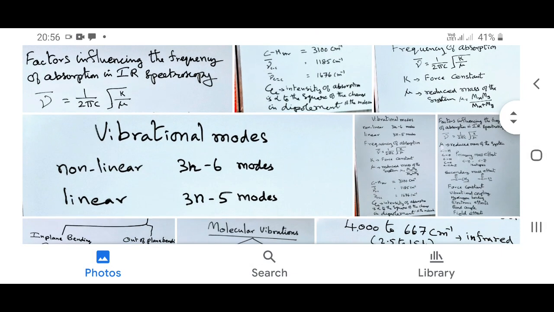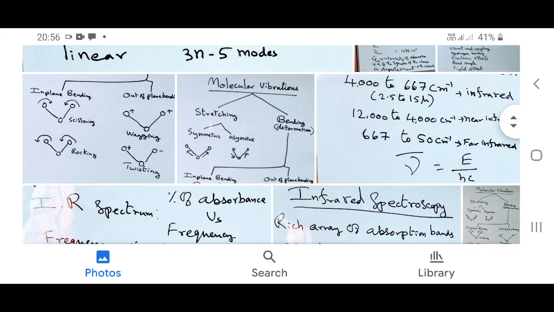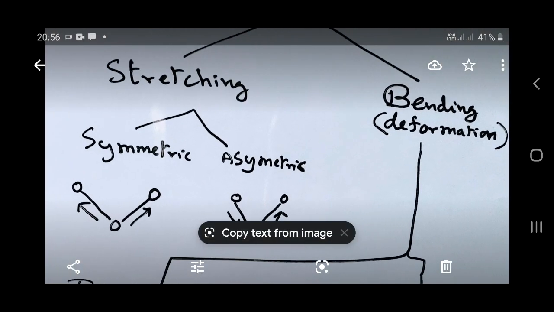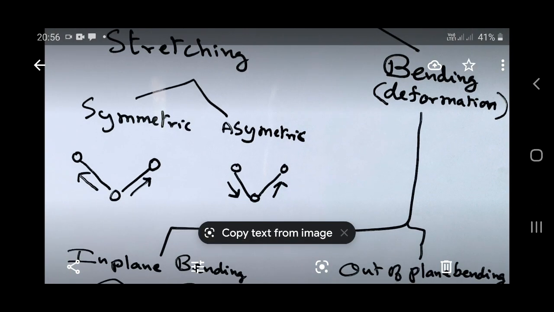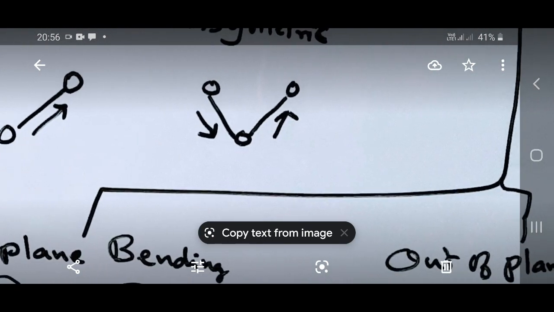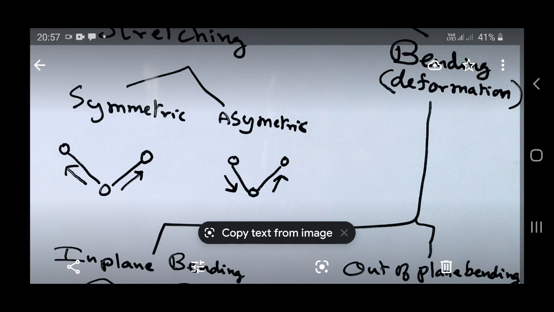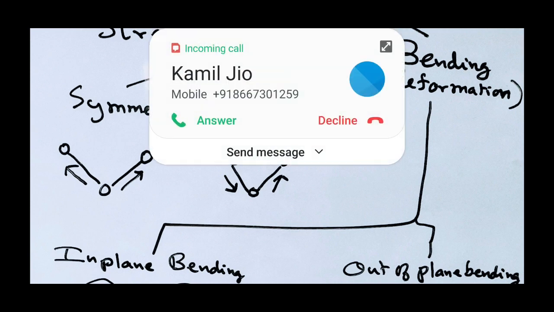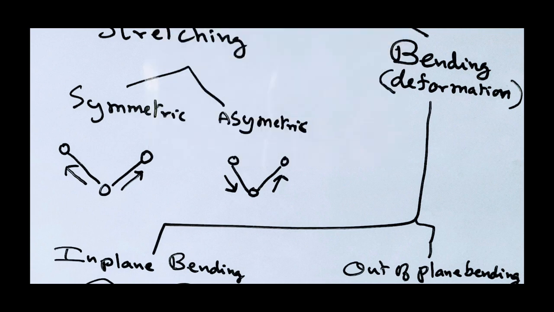Let us come back to the slides to understand the bending vibrations. So in bending vibrations, we have different types. The bending vibration is of two types. One is in-plane bending and another one is out-of-plane bending vibration.